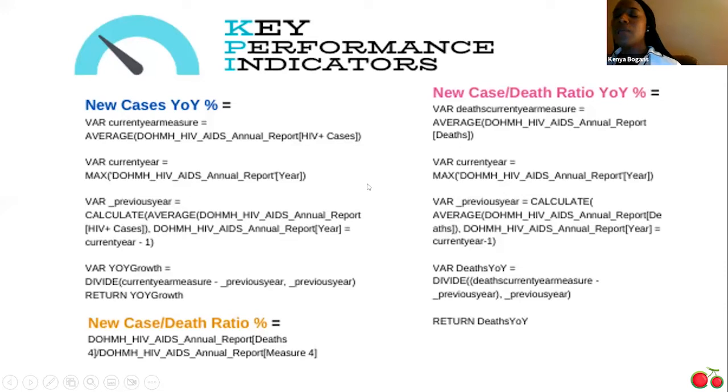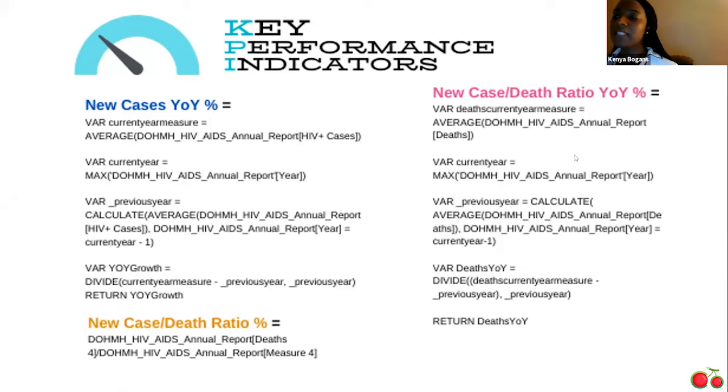The new cases year-over-year percentage is the number of HIV diagnoses 13 years of age or older divided by the previous year. My new case death ratio percentage gives us the number of deaths from any cause among people with HIV or AIDS 13 years of age or older divided by the number of confirmed cases.